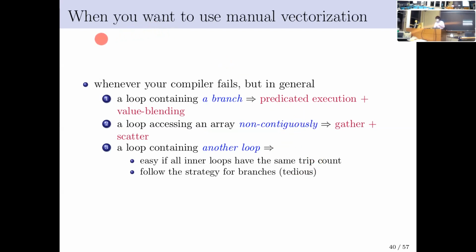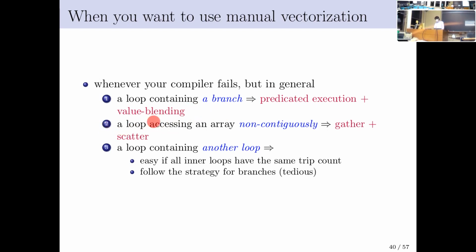So in practice, when do you want to use this manual approach? Basically, whenever your compiler fails. It actually happens very often. Generally speaking, a situation you encounter often is a loop containing a branch, for which the CPU has instructions called predicated instructions and value blending instructions.